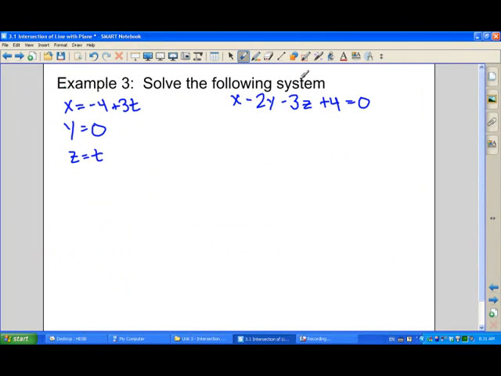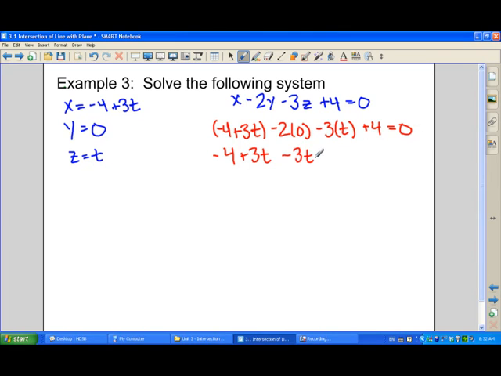Okay, last example that I'm going to do, solving systems. I'm going to take this parametric equation of a line and sub it into the Cartesian equation, and when we do, I'm going to get negative 4 plus 3t minus 2 times 0 minus 3 times t plus 4 equals 0. So negative 4 plus 3t minus 0 minus 3t plus 4 equals 0, and look at that, everything on the left-hand side is going to cancel out.